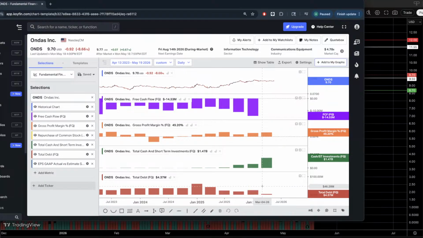So it seems like the executives here have a great plan in mind that they have been consistently executing, right? And it seems like this plan has been in place since 2025, right? After this slightly large jump. I believe this is due to an acquisition, if I'm not mistaken. But anyways, they have been able to bring down significantly this total debt.